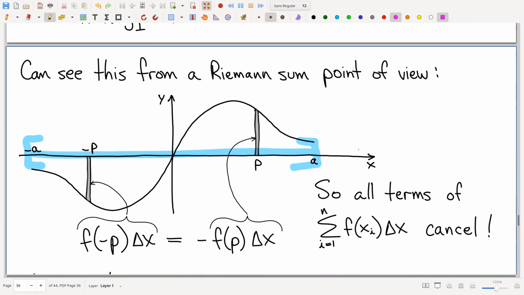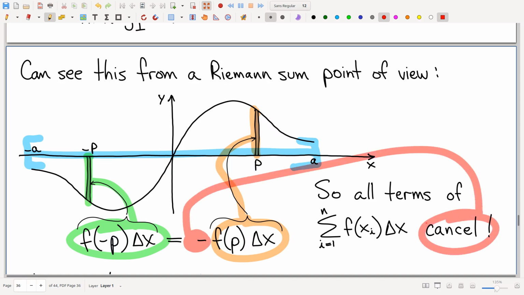The big idea is here's your symmetric domain, and if the function is odd, then this term in the Riemann sum and this term in the Riemann sum are negatives of each other, and if they're negatives of each other, then they cancel, and of course every one of those green terms pairs up by the symmetry with a corresponding orange term, so everything cancels. It's a nice way to think about why this theorem is true.